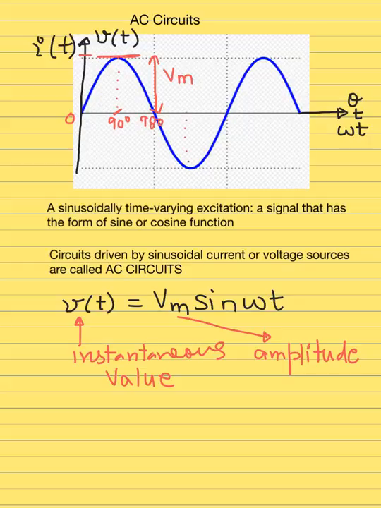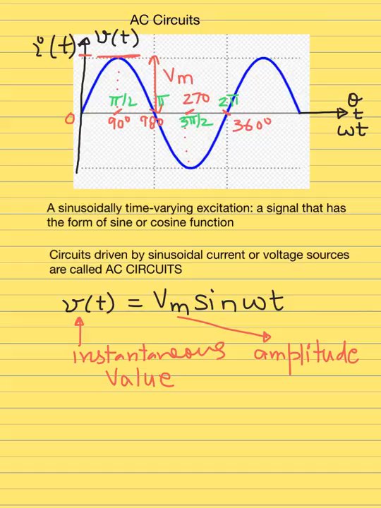Similarly, the negative peak of the function happens at 270, and here is 360. In terms of angle in radians, this is pi by 2. That's pi. That's 3 pi by 2, and that's 2 pi. So that is the instantaneous value and the amplitude.